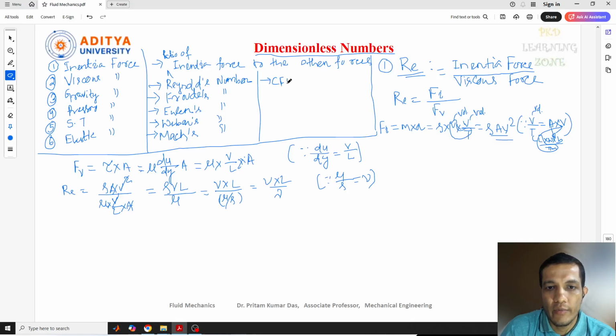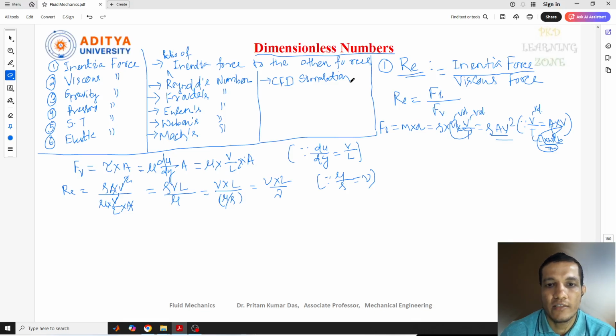Suppose we are doing a CFD simulation, computational fluid dynamics simulation. In the simulation we need many conditions. We need the help of these dimensionless numbers to fix or identify some values for the simulation, to make it correct, and to identify the flow velocity or the flow conditions.